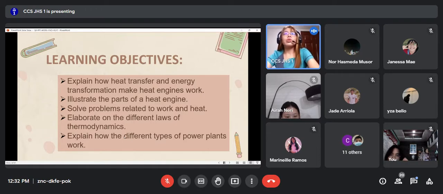But for this afternoon, we'll just focus on solving problems related to work and heat, because you're going to differentiate work and heat and what is the relationship before we solve problems about it.